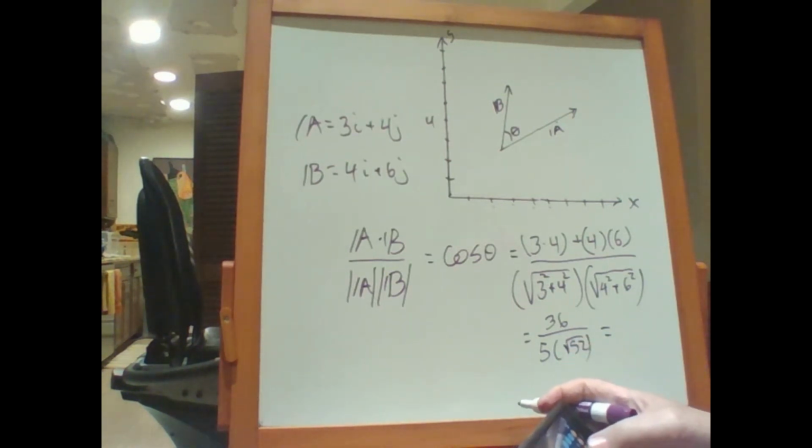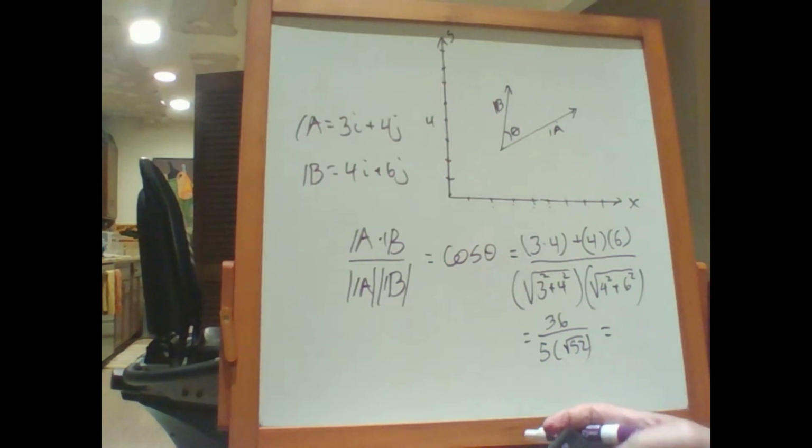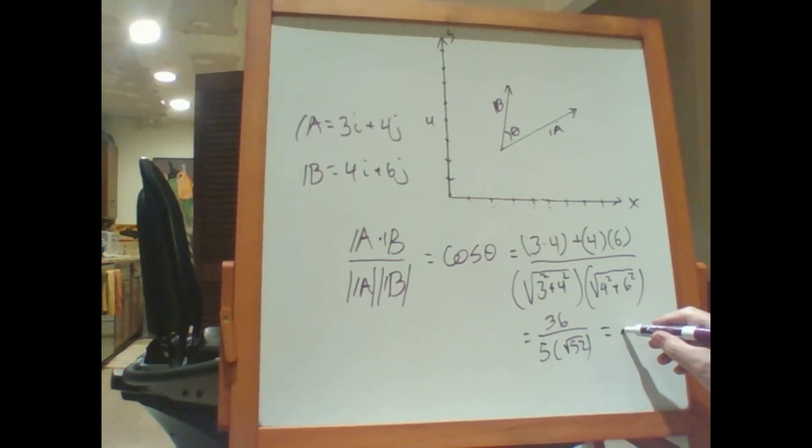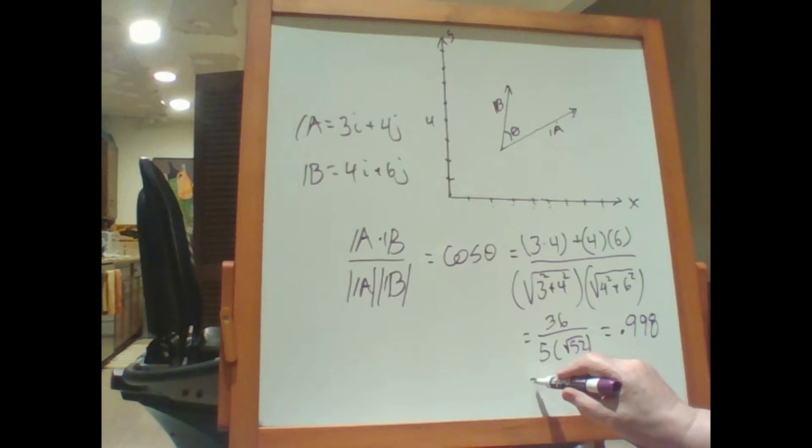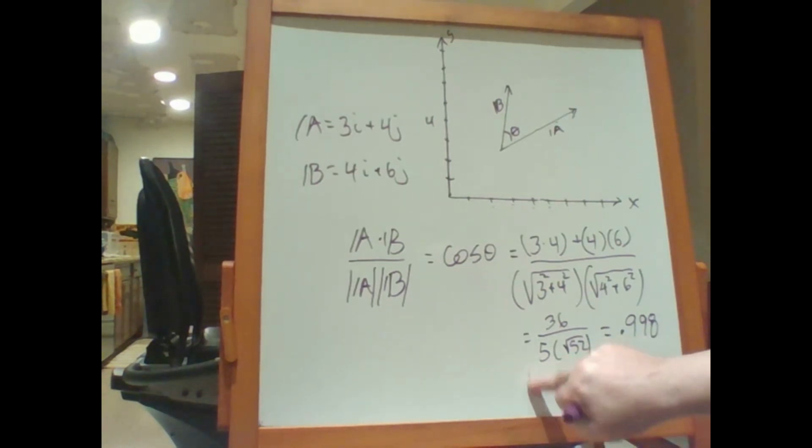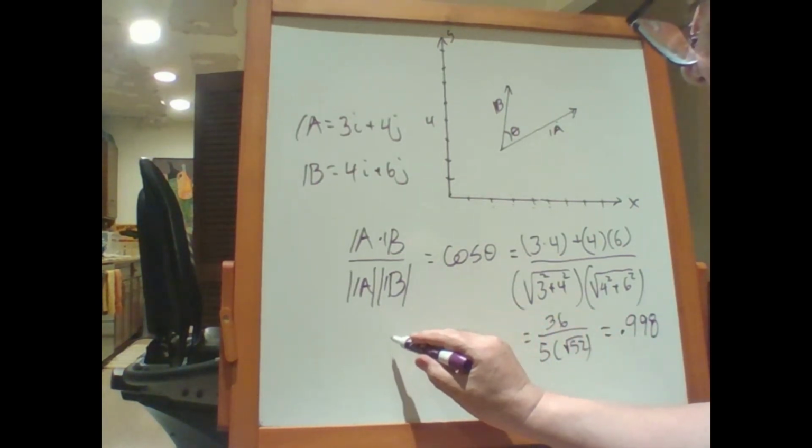The square root of 52 is 7.21, times 5, and divided into 36. So that's equal to 0.998. That's almost 1.